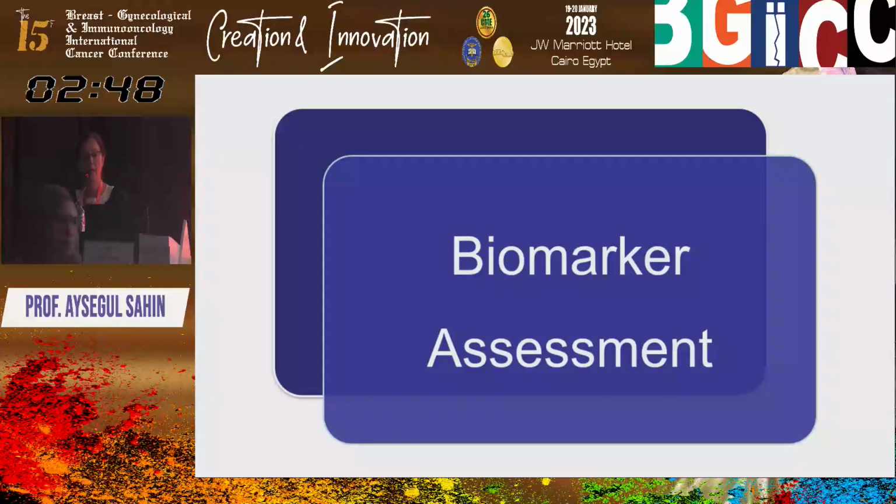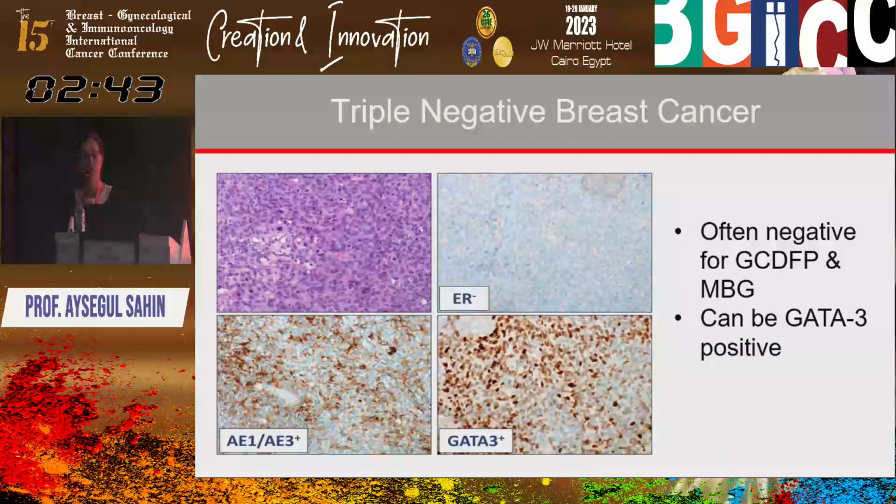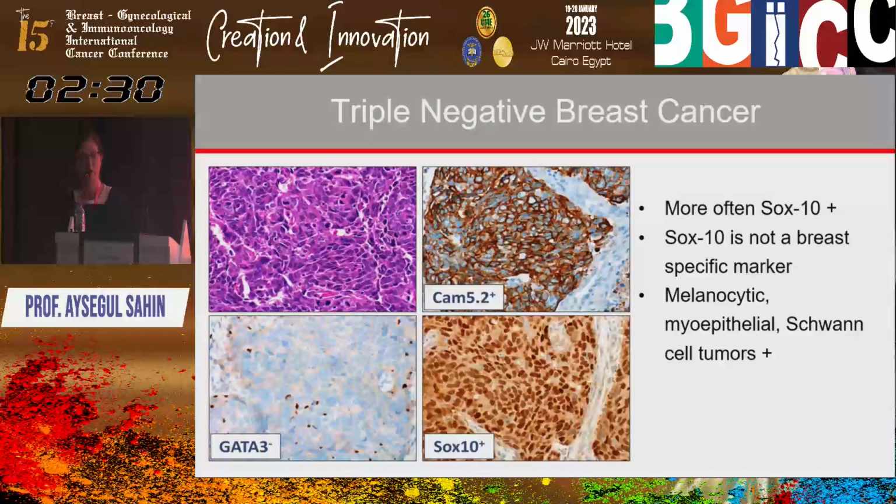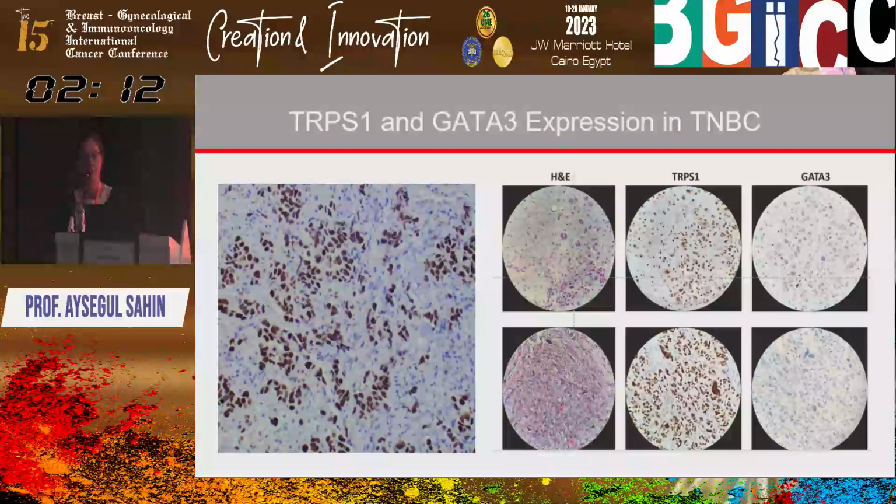I'll pass these. And then other biomarkers in triple-negative breast carcinoma, as I mentioned before, GATA3 is of very limited utility in identification of triple-negative breast carcinoma. And some studies suggest that SOX10 is an important marker to identify triple-negative breast carcinoma, which is true, but it is not specific for breast carcinoma. We have to remember that it can stain other things.